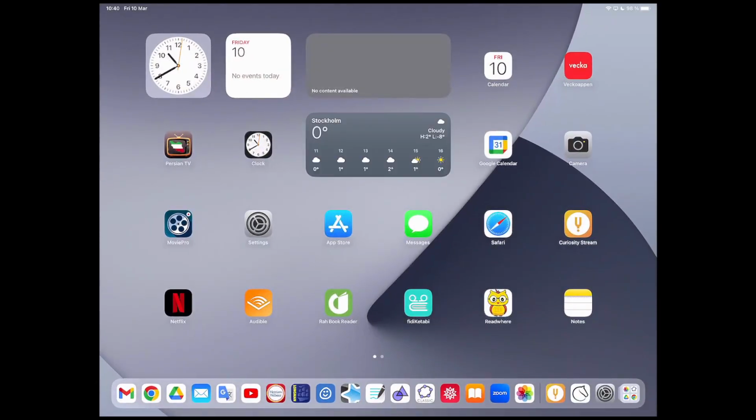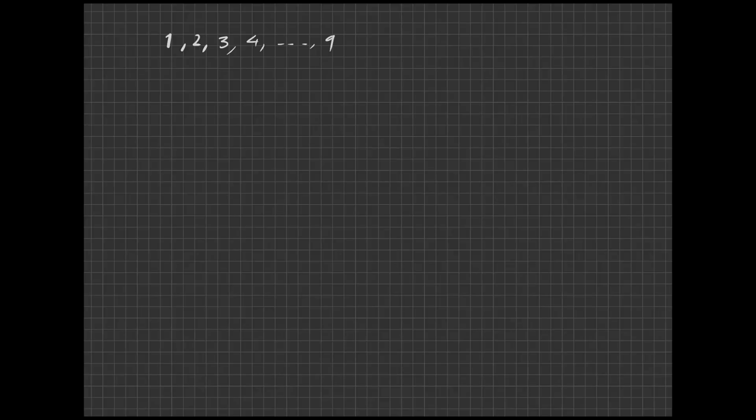Okay, so the total number of, I don't know why this iPad is acting weird. Okay, so in how many ways can I arrange them? The total number of permutations is how much, as you said? It is 9 factorial.